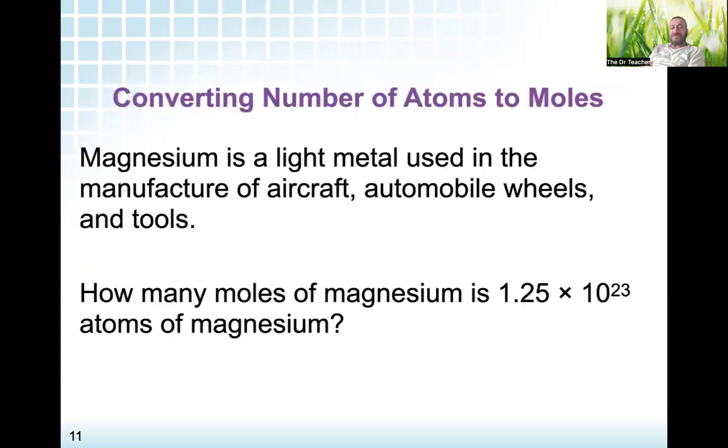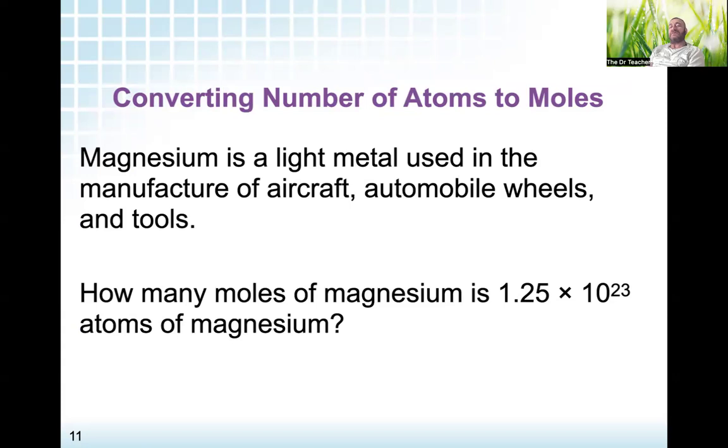Converting number of atoms to moles. Take the example of magnesium, a light metal used in the manufacture of aircraft, automobiles, wheels, and tools. How many moles of magnesium is 1.25 times 10 to the power 23 atoms of magnesium?